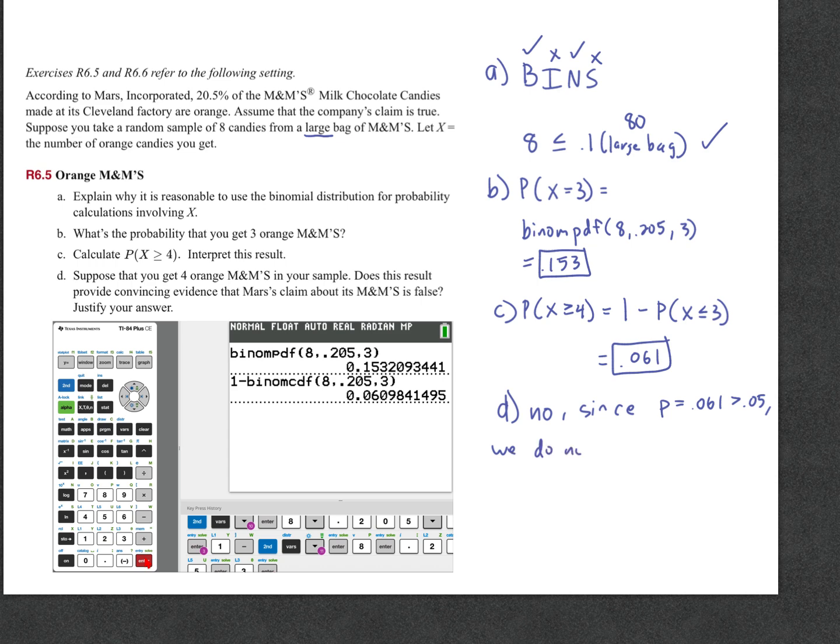We do not have convincing evidence that Mars's claim is false. Okay, so that was something that we did a while ago, and that 0.05 convincing evidence thing will come back a lot.